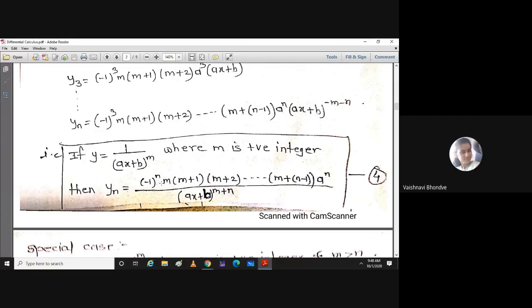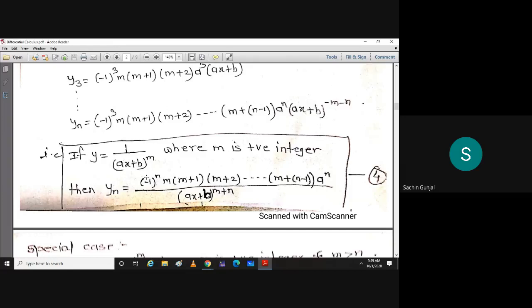Then you can write the numerator as m plus n minus 1 factorial upon m minus 1 factorial into ax plus b raised to m plus n. If you understood, you can write it. Otherwise, you can keep it as it is. I repeat, you can multiply by 1, 2, 3, 4 up to m minus 1 in the numerator, and divide by the same number 1, 2, 3 up to m minus 1.